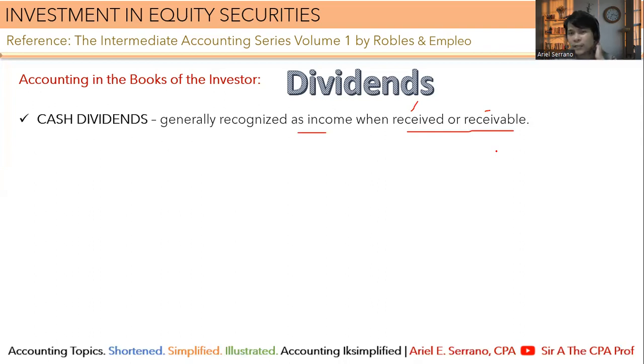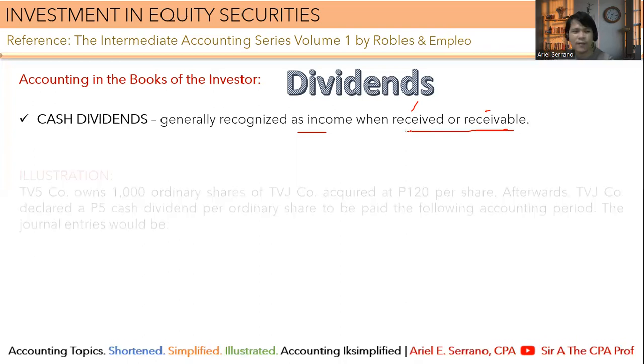Kaya, chances are, the recognition of the dividend income or the dividend revenue is when the dividend is receivable. Kasi yan yung mas realistic. Okay, pero pwede rin naman on the date of declaration, diretso na bigayan na agad ng dividendo when it is received. Okay, illustration tayo ha.